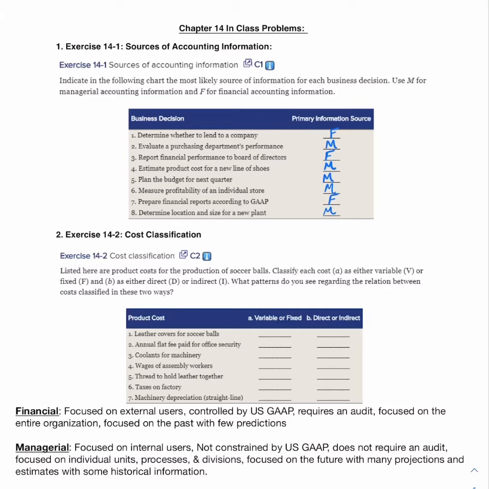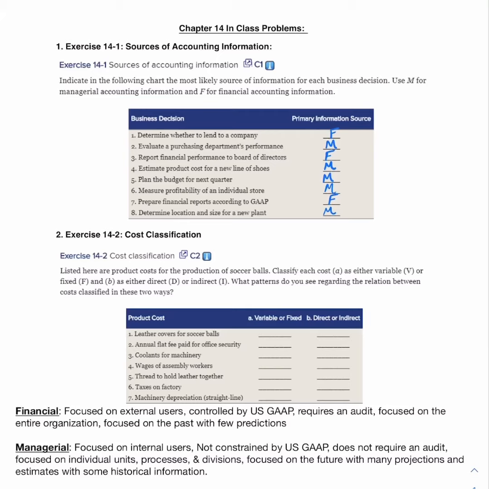We're looking at lenders, shareholders, all those types of people who are making financial decisions based on the information they've been provided. It's also controlled by what is called US GAAP, which, as we just talked about, is the rule maker for all of your financial accounting.